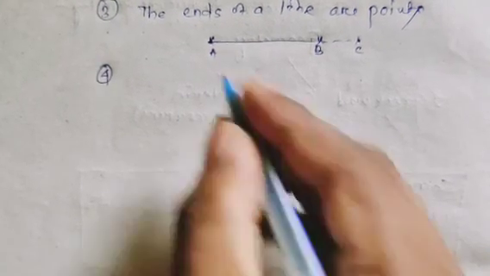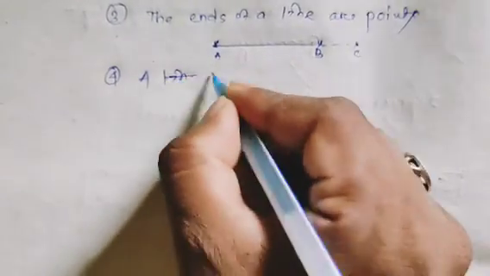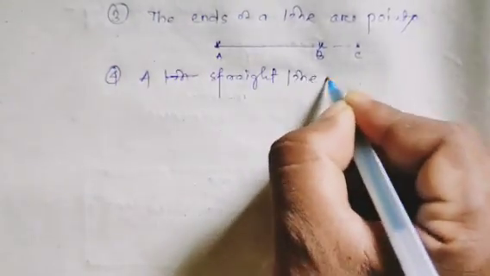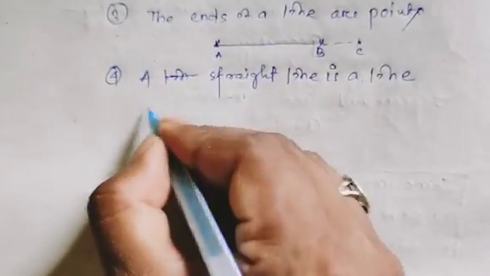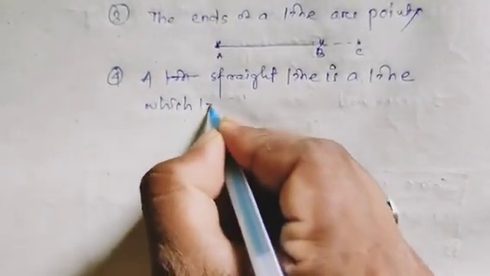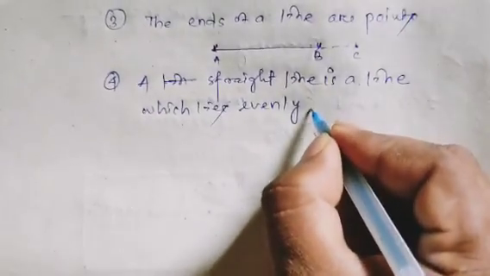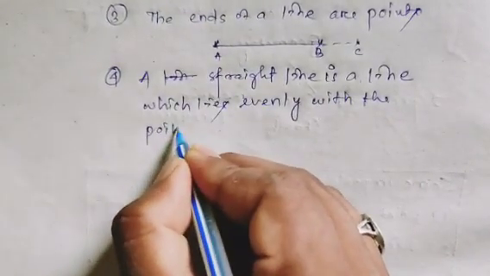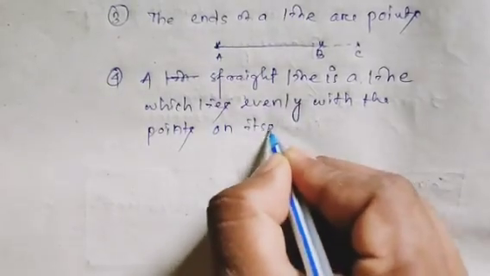Let's go to the fourth definition. According to him, a straight line is a line which lies evenly with the points on itself.